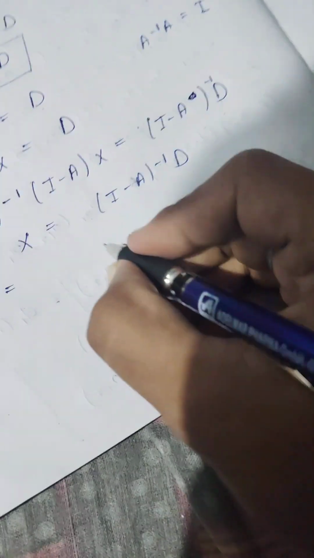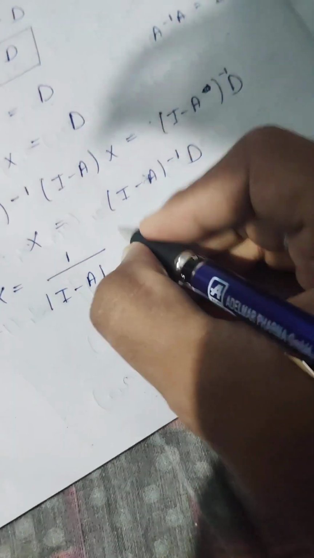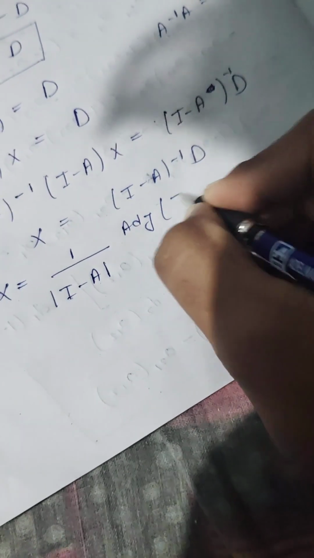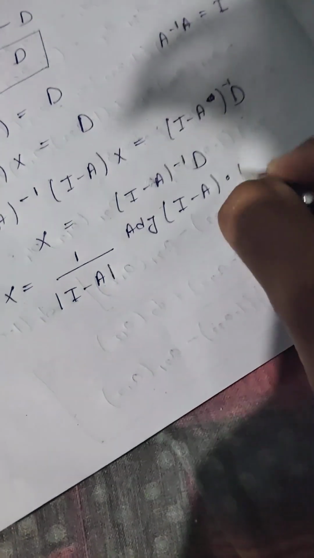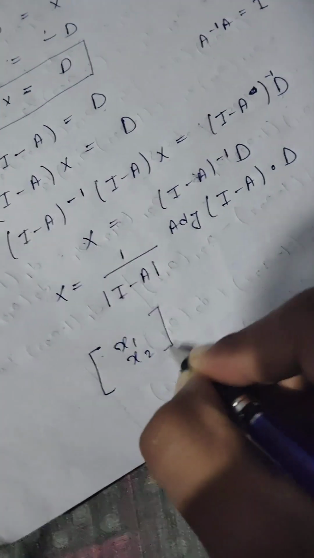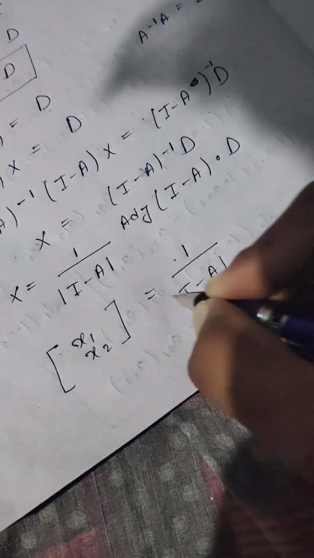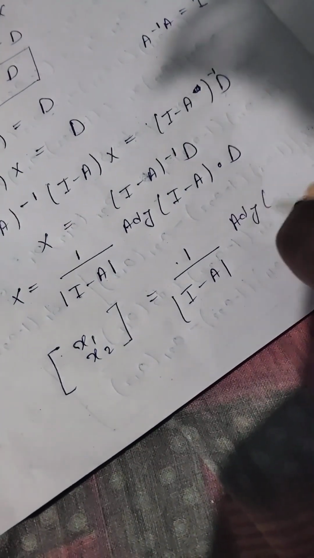What is the inverse formula? 1 over determinant of A. So 1 over determinant of (I minus A) multiplied by adjoint of (I minus A) into D. So X, which is X1 and X2, will be equal to 1 over determinant of (I minus A) multiplied by adjoint of (I minus A) into D.